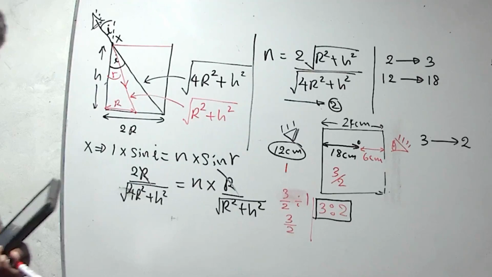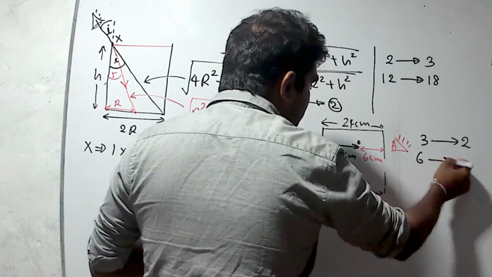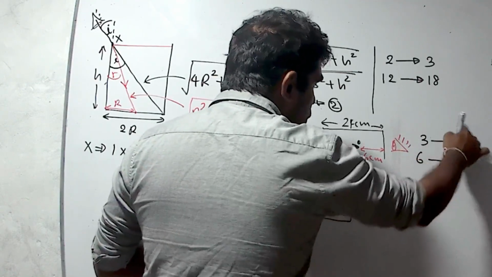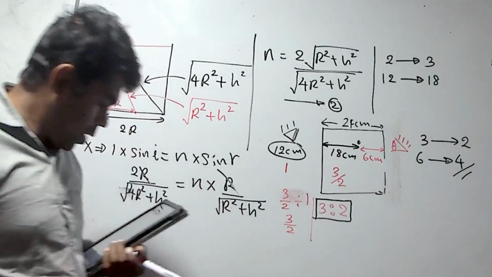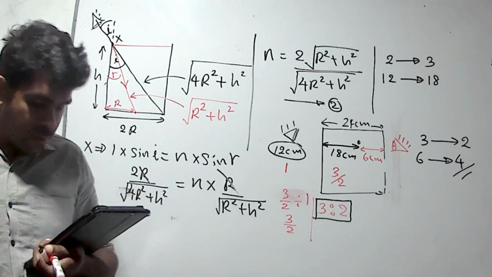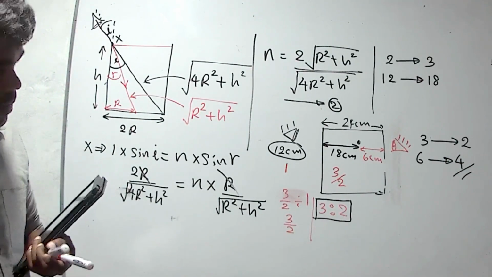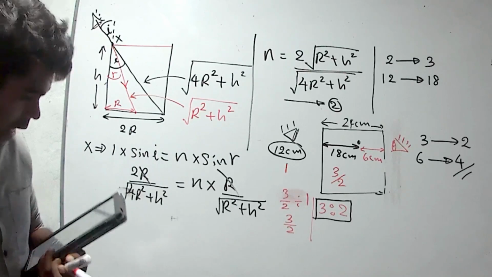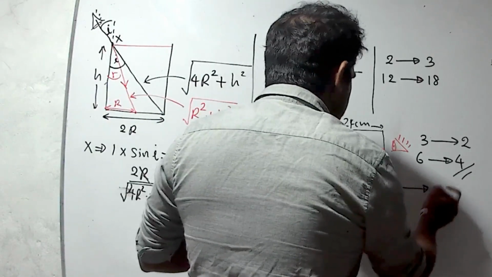But the actual real depth is 6, therefore the apparent depth should be 2 into 2, which is 4. Then we can observe the air bubble at a 4 centimeter depth from the other side. Then the answer should be 5.